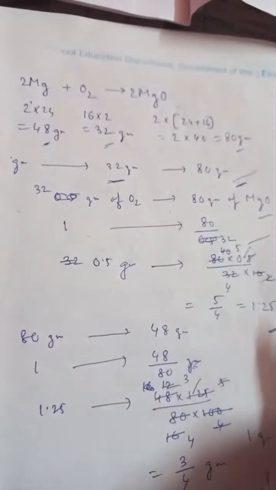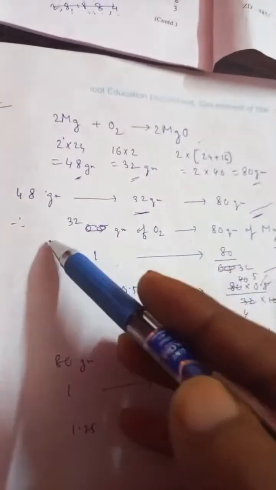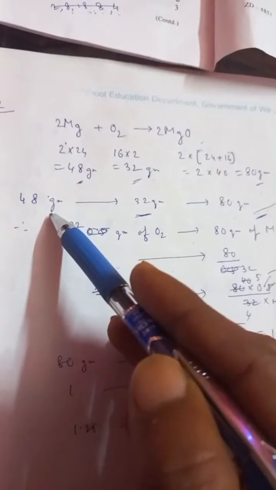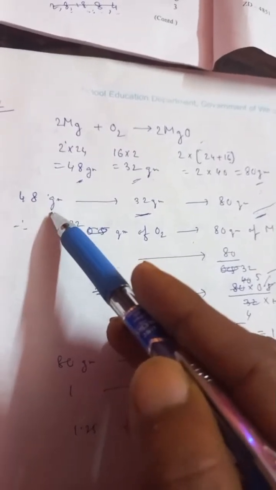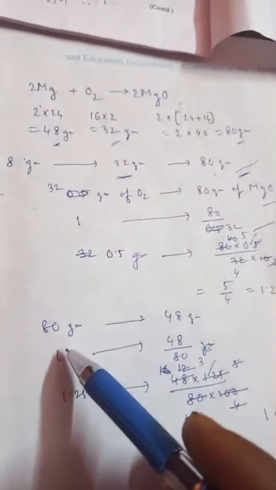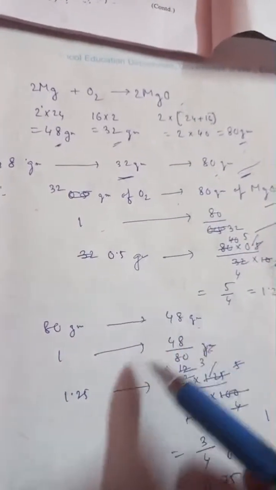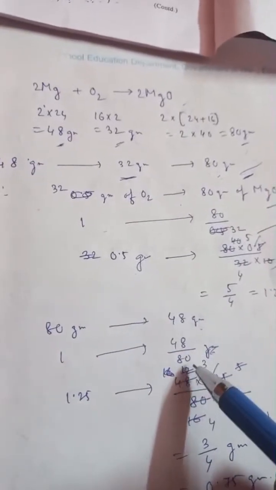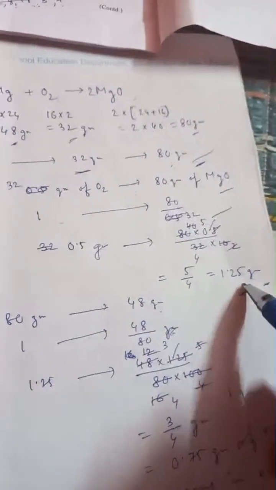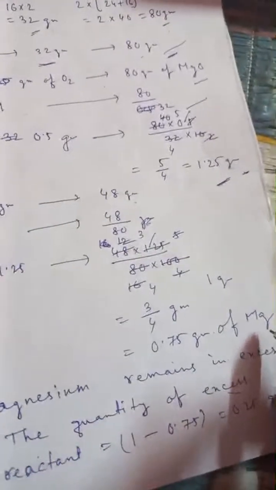Taking it in reverse, 48 gram of magnesium is needed to form 80 gram of magnesium oxide, so 1 gram is formed by 48 by 80, and 1.25 gram of magnesium oxide is formed by 0.75 gram of magnesium.